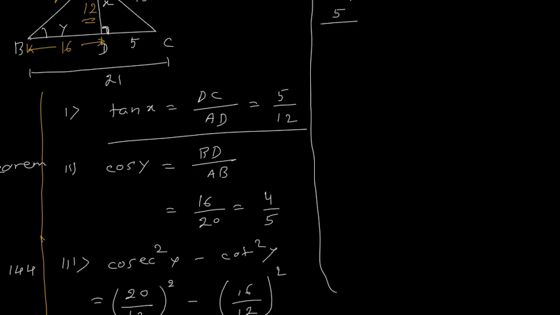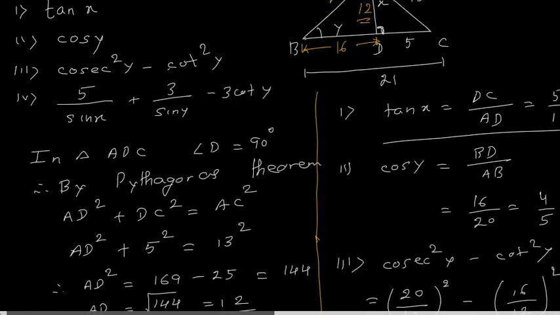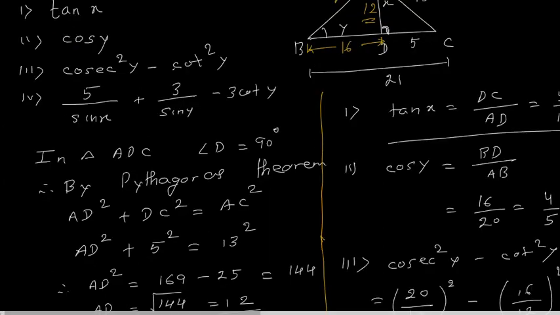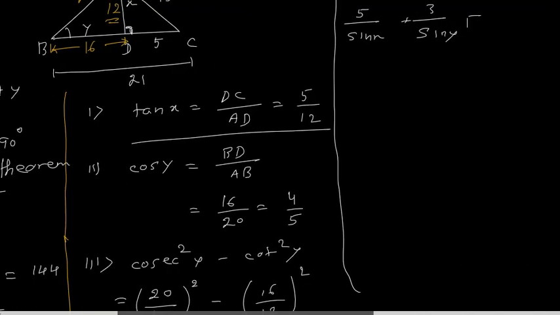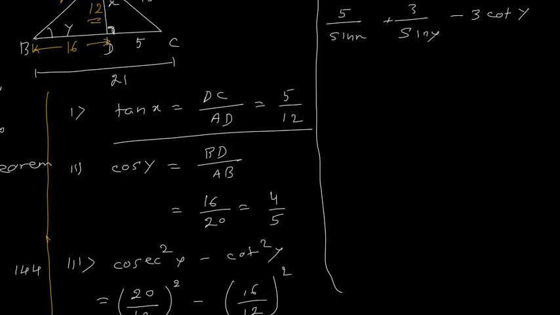We have 5 divided by sin x plus 3 divided by sin y minus 3 cot y.